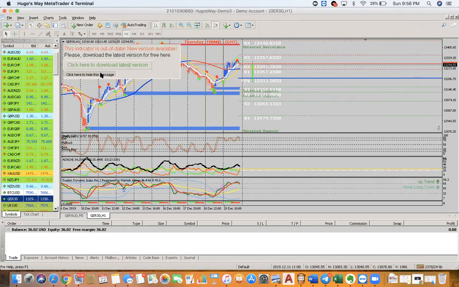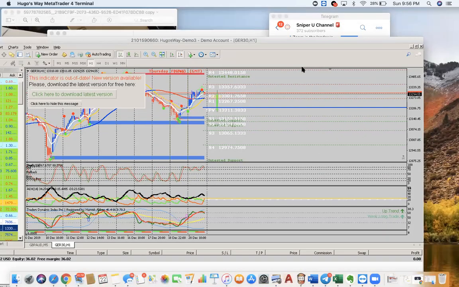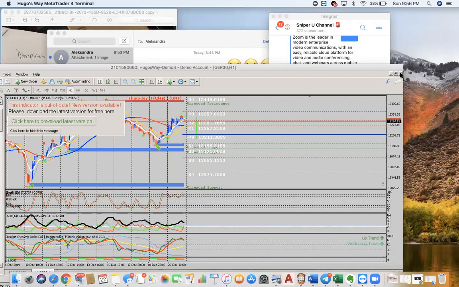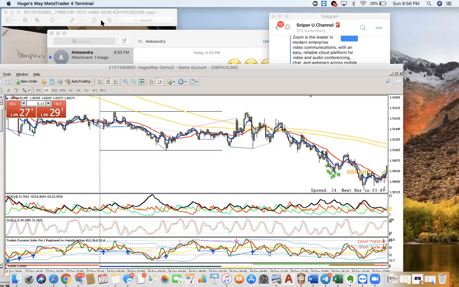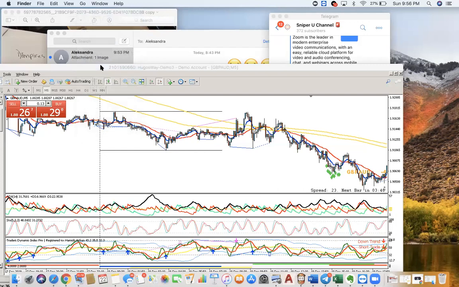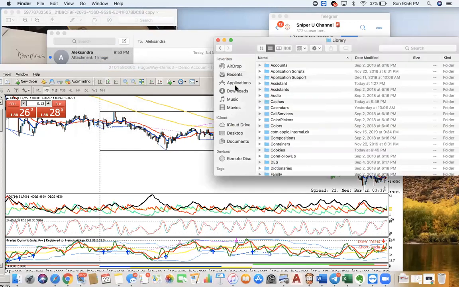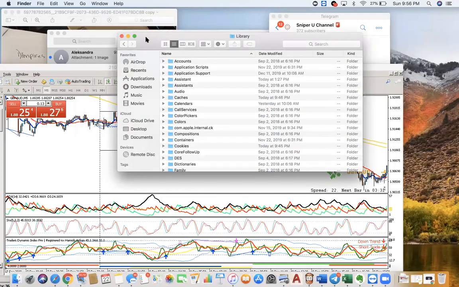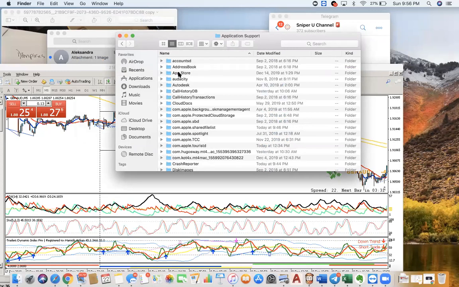Okay, so pretty much, to add it on the Mac, you don't even have to have MT4 open to start. It's in the back. You hit Go, and then on your keyboard, hit the Option button. Then you hit Library. Open that up, Application Support. What are you using?